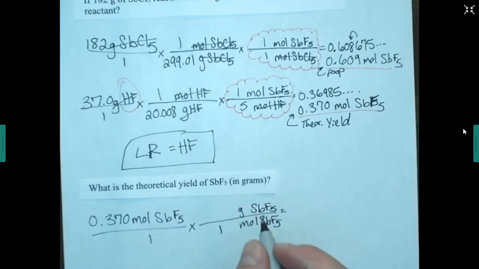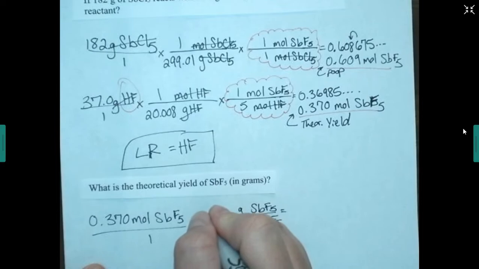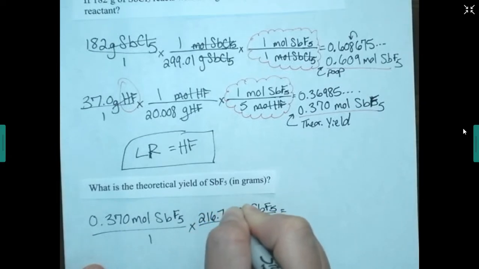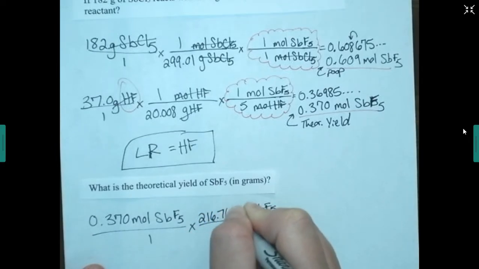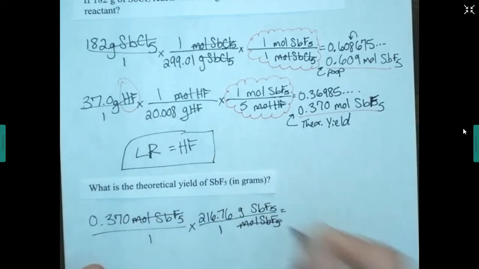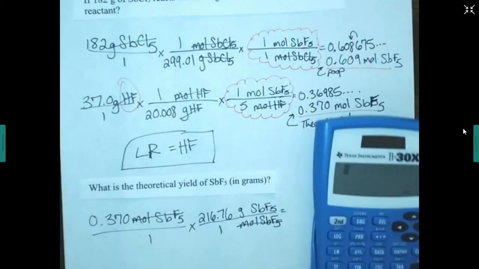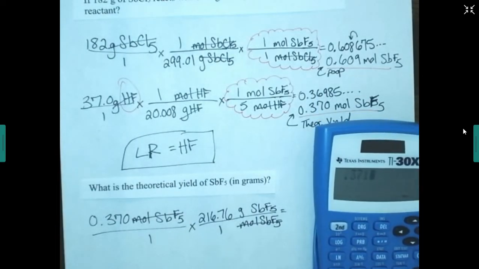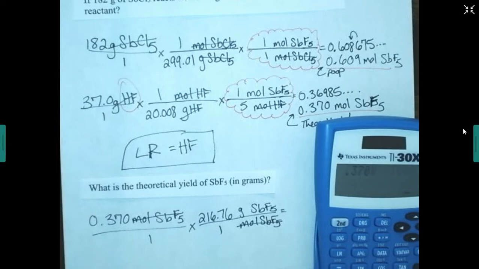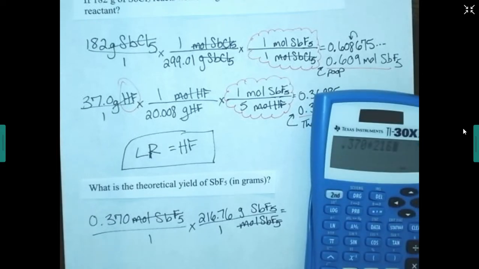So G for grams tells me to go to the periodic table. And when I do that and I add up its molar mass, I get 216.76 grams. Okay? All right, so then I'm going to put that in my calculator. I'm going to go 0.370 times 216.76.